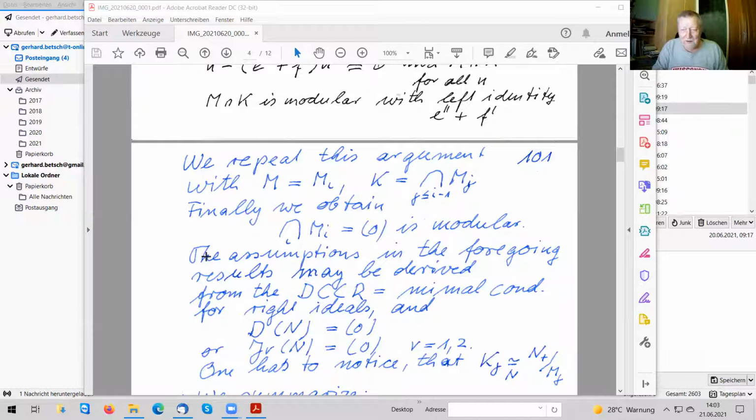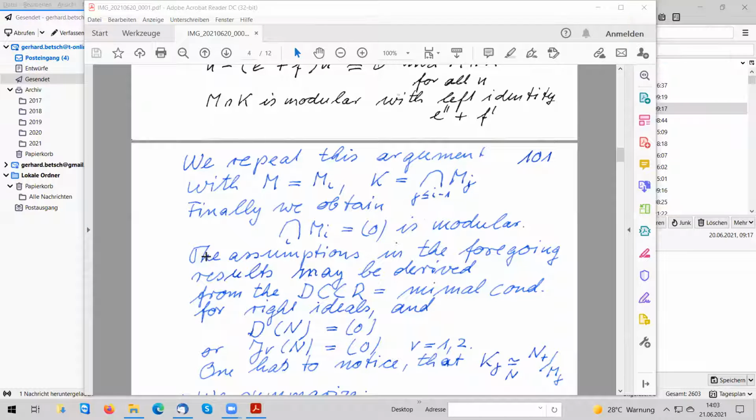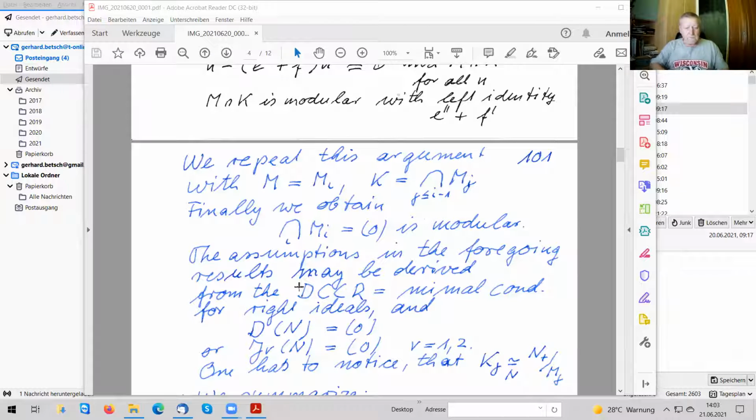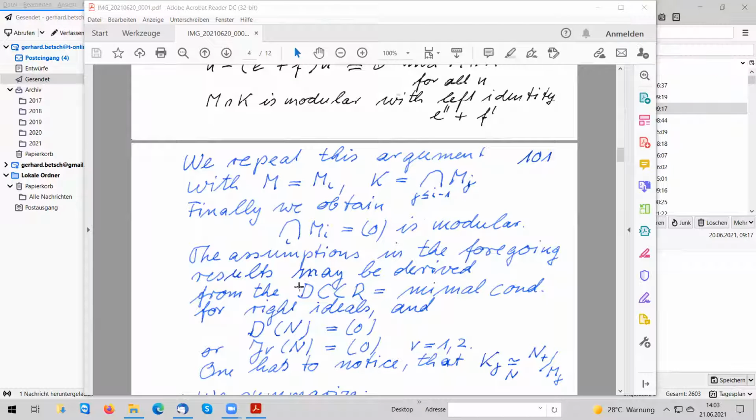Right. The assumptions in the foregoing results are a bit artificial, but they may derive in a very natural way from these minimal conditions. DCCR is the minimal condition for right ideals. DCC means descending chain condition, and DCCR, descending chain condition for right ideals.